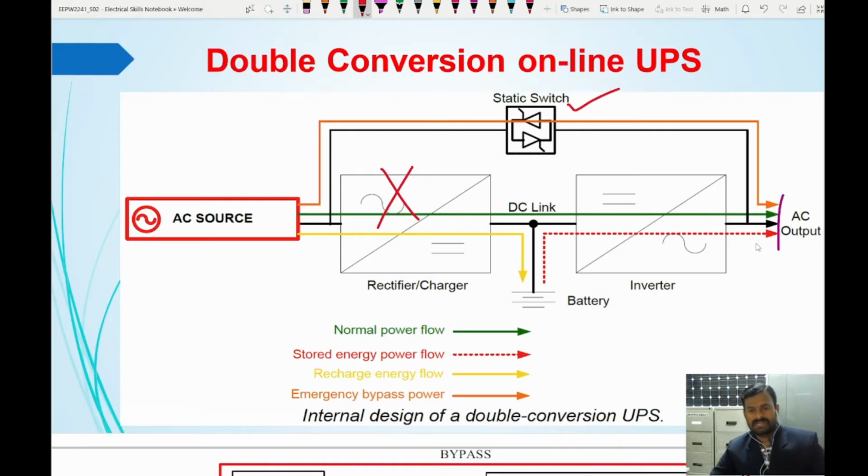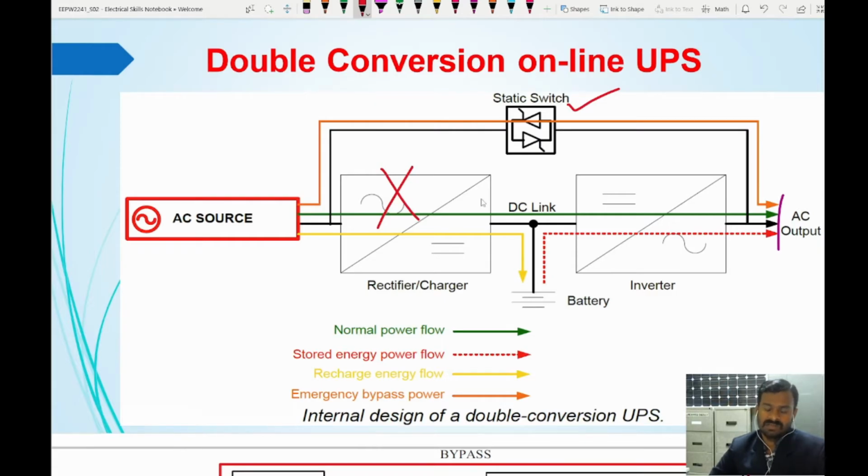What you can understand from this discussion until now is that the load consumes the power from the AC source through two units, the rectifier unit and the inverter unit, in a normal mode of operation. So we convert AC into DC and DC into AC.